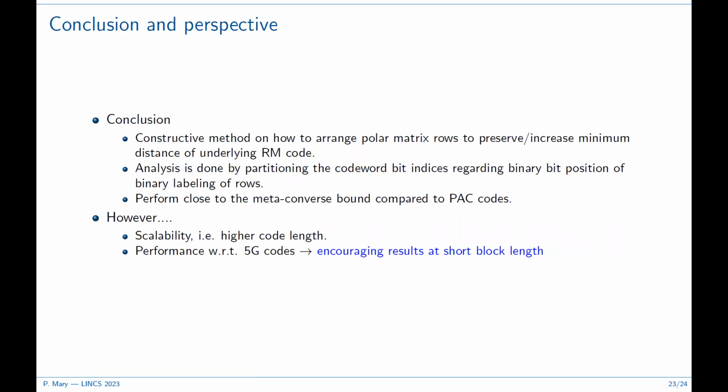So the analysis has been done by partitioning the code word bit indices. So it is closely related to the binary representation of the code. And it performs relatively close to the meta converse compared to the pack codes with respect to this parameter.